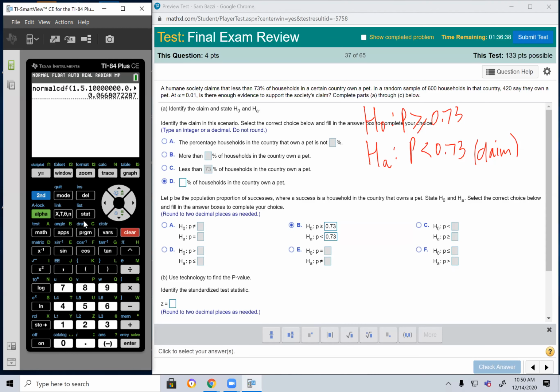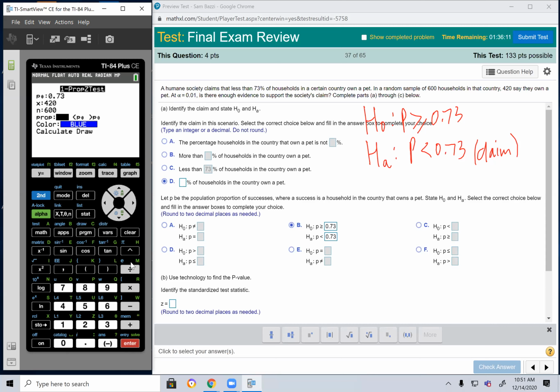And what is this going to be called, guys? A proportion z-test. If you remember that from chapter 7. Stat, tests, 1-PropZTest right here. You need the null hypothesis, 0.73, and you need x and n. Okay, x is 420, the smaller value always, and n is 600.